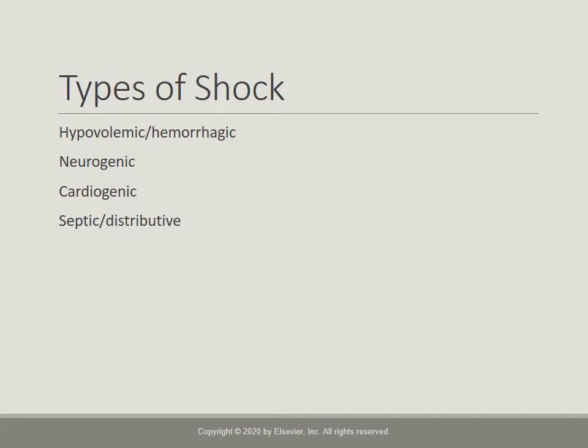Neurogenic shock is shock that affects the central nervous system. Cardiogenic shock affects the heart, how fast it beats and how well it beats. Septic shock is the most common of the distributive shocks. In septic shock, there is an overwhelming infection that the immune system can't deal with.